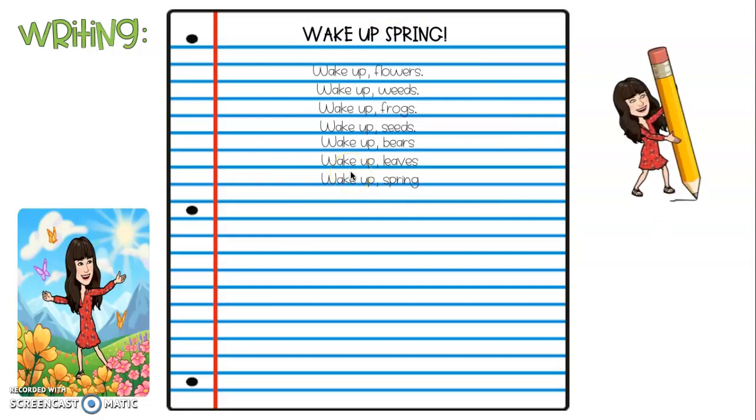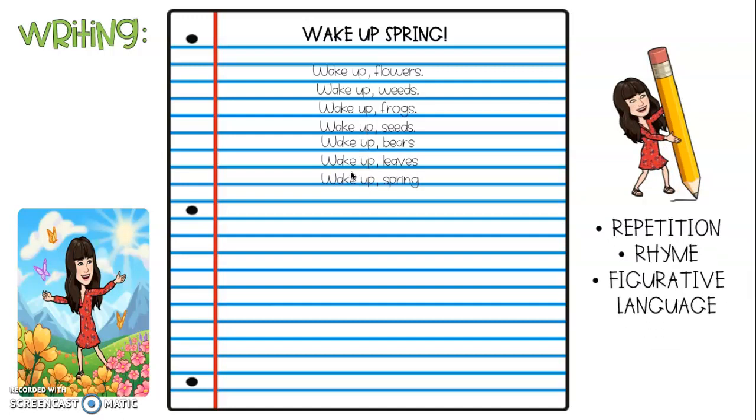Notice that in my poem, I'm using some of the elements of poetry that we have learned about. I used repetition when I say wake up, because all of these things are waking up. I use rhyme, such as weeds, seeds, and leaves.